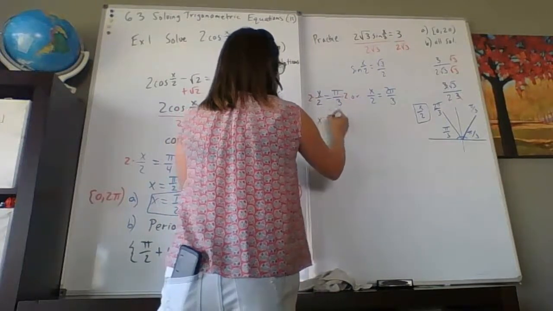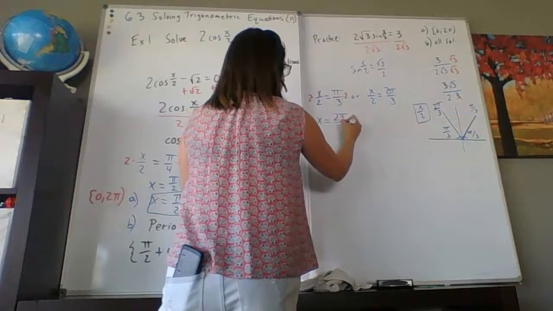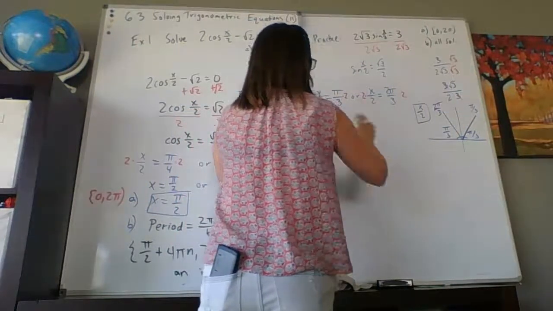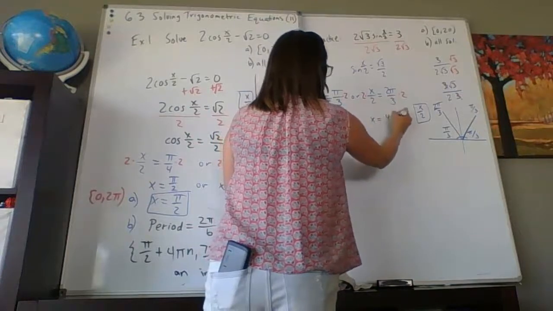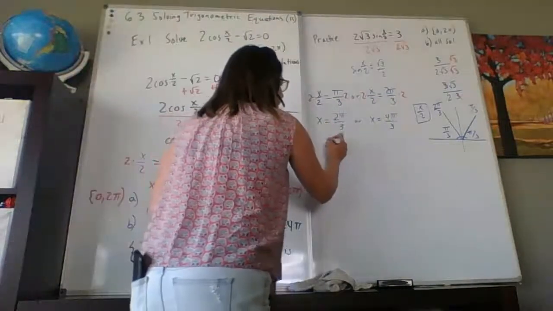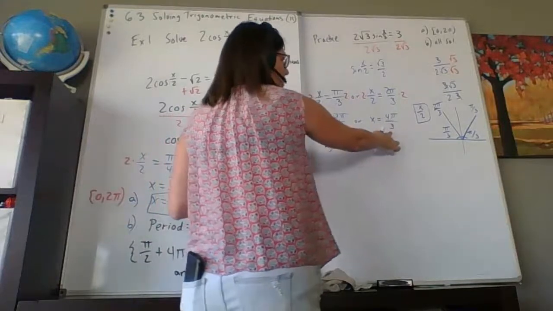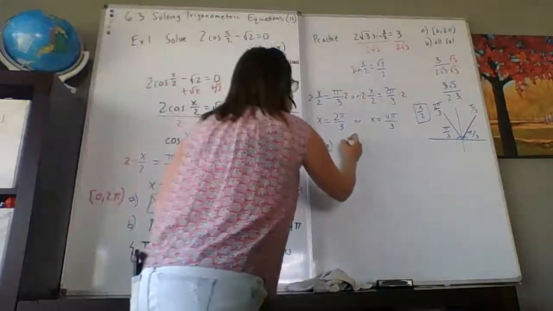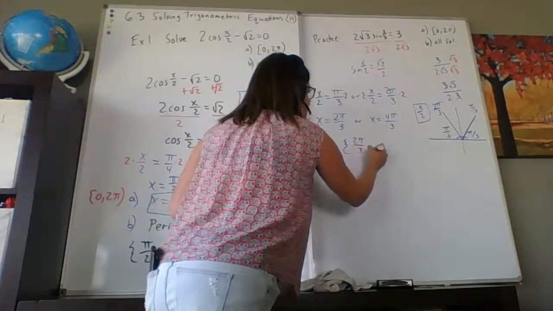So on this one, we get 2 pi over 3. And when we multiply this equation by 2, we get 4 pi over 3. So 2 pi over 3 and 4 pi over 3 are both in the interval from 0 to 2 pi. So we can list both of those answers in this situation.